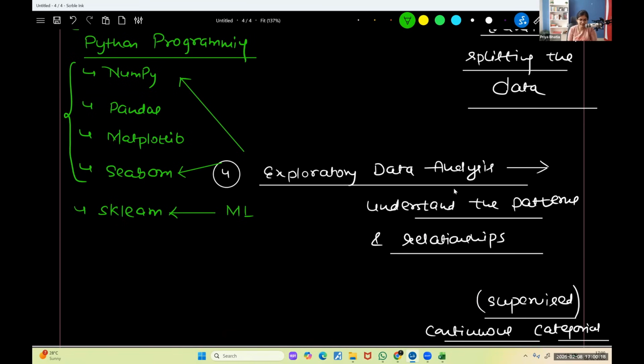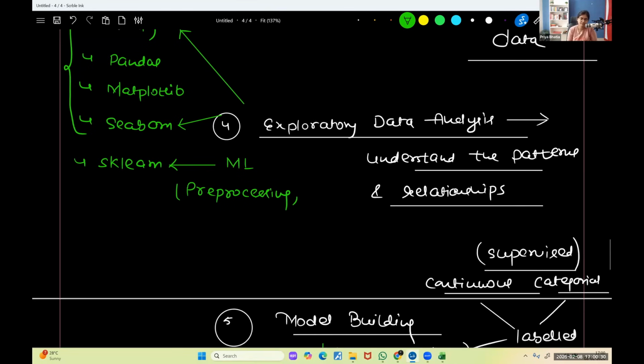This module contains a lot of functions for the pre-processing part. This module contains a lot of functions for the, I would say, algorithmic part, to implement any algorithm, whether it's supervised or unsupervised.